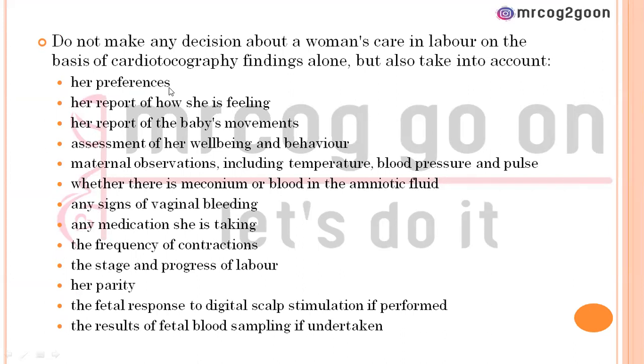You have to take the whole overall picture: her preference, her feelings, the baby's movement, well-being and behavior, maternal observation, any vaginal loss, medication she is taking, frequency of contraction. So look at her as a whole. Don't look at the CTG alone. The CTG gives you an idea, but you are the judge. It's an electronic machine. It's not what is making the decision. You are the one making the decision.